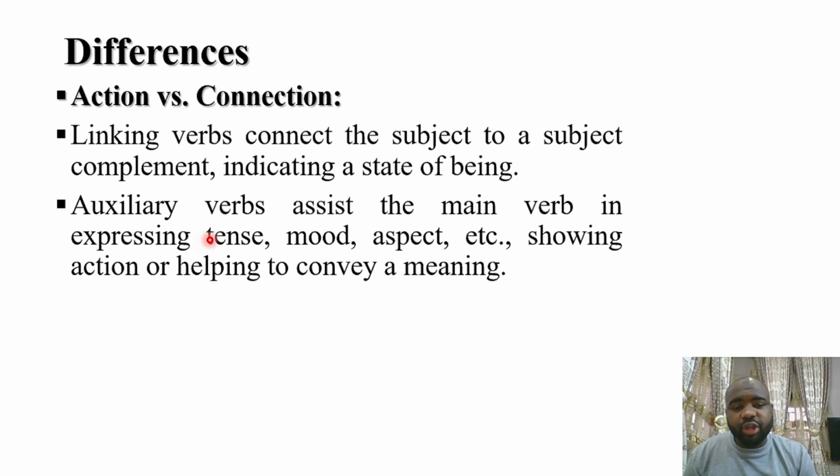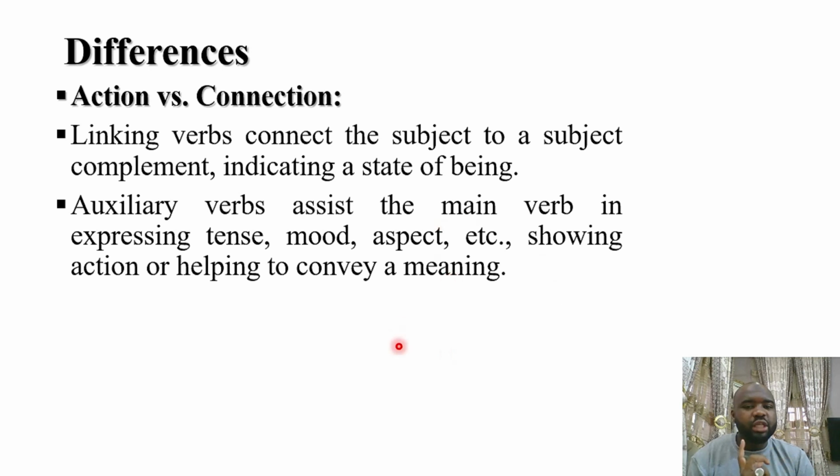Auxiliary verbs, on the other hand, assist the main verb. They work hand in hand with the main verb in expressing what? Tense, mood, aspect, etc. Showing action or helping to convey a meaning. They do not stand alone.